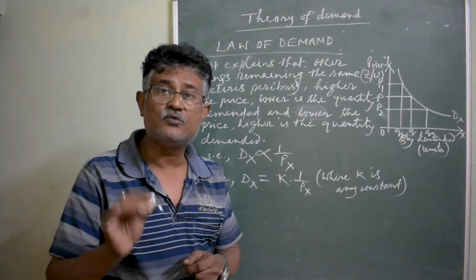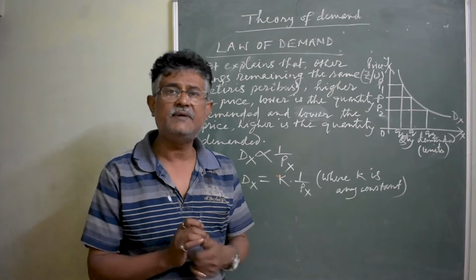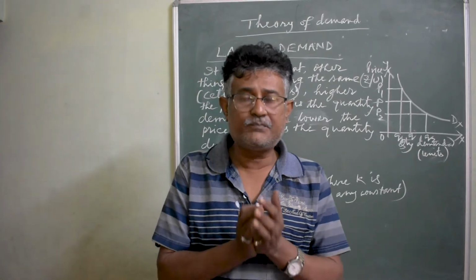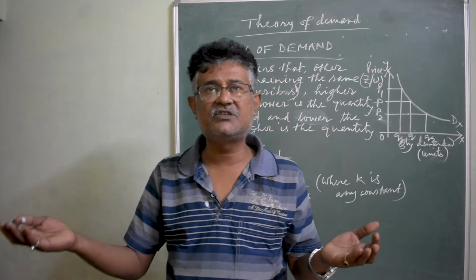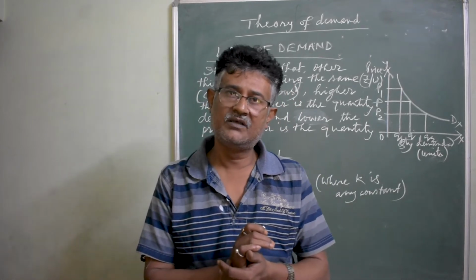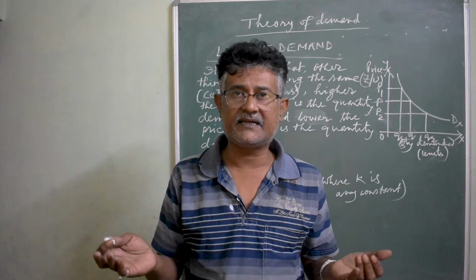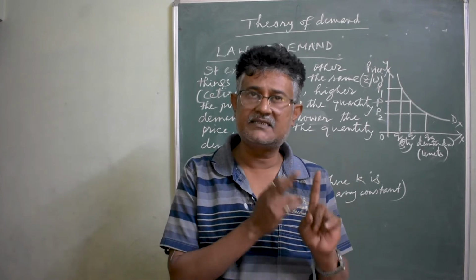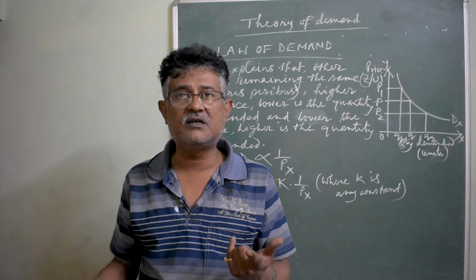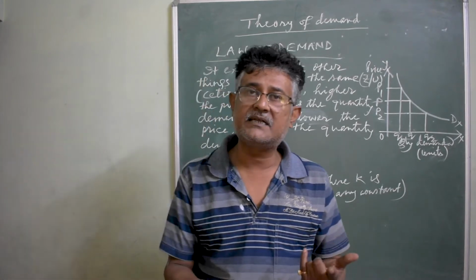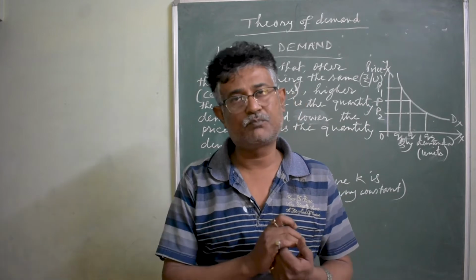Now the question arises, why? The reason is that if, suppose, there is a simultaneous change in price as well as in income of the households, what will be the effect? The demand for the said commodity may not change, though there is a rise in price, because the income has also simultaneously increased by the same proportion.